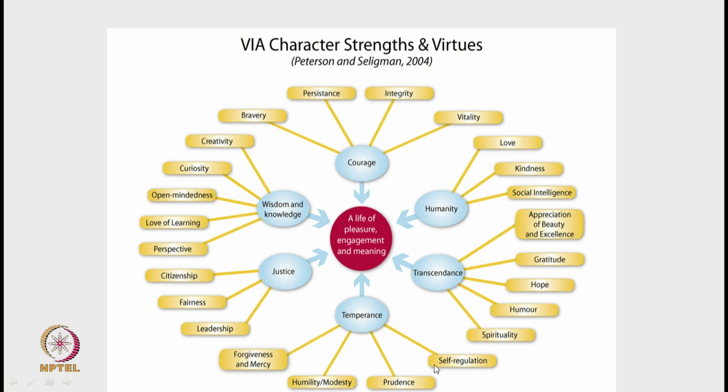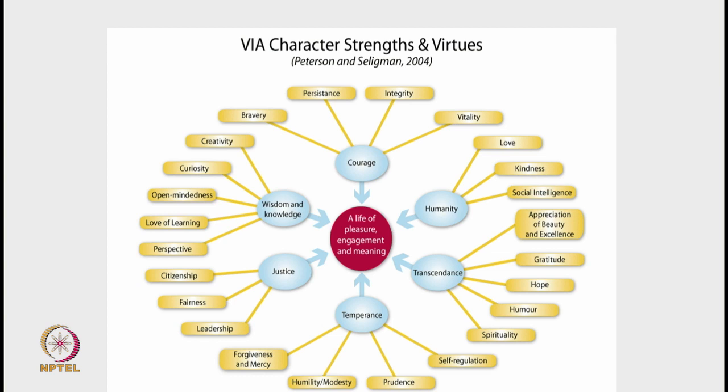On the other hand, for transcendence, it is gratitude, hope, humor and spirituality. For humanity, there are 3 character strengths: love, kindness, social intelligence. And for courage, it is 4: bravery, persistence, integrity and vitality.